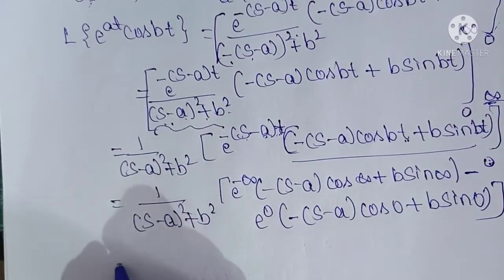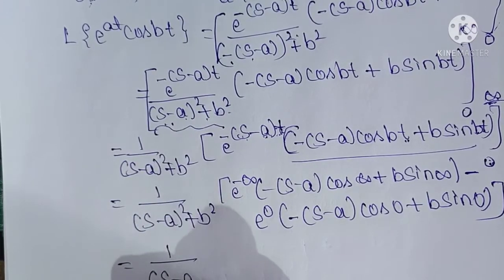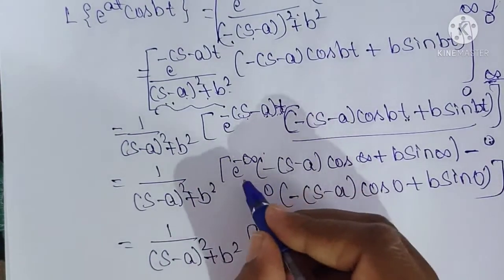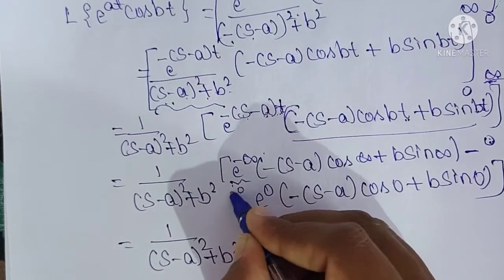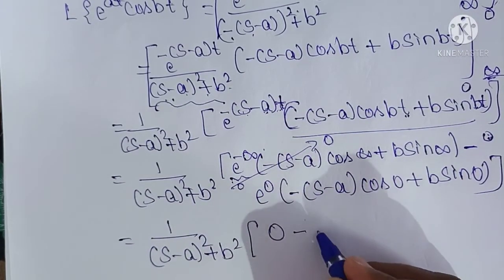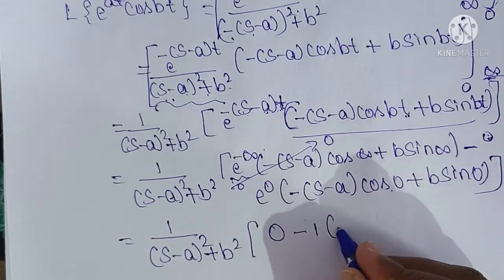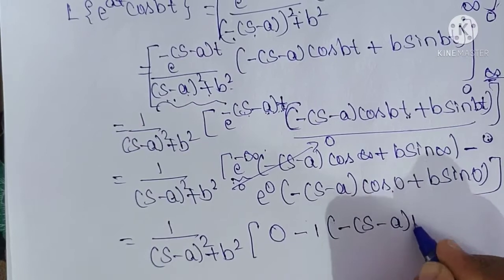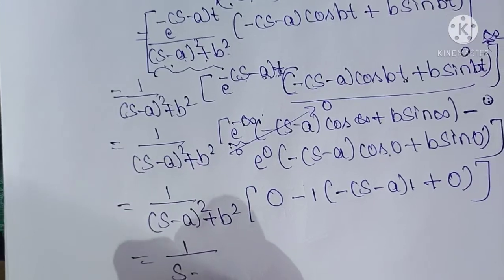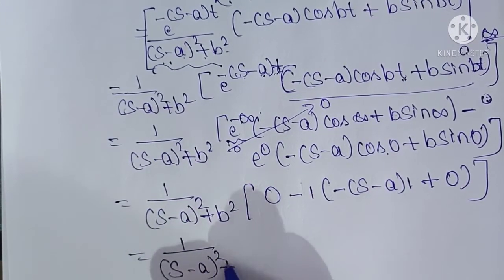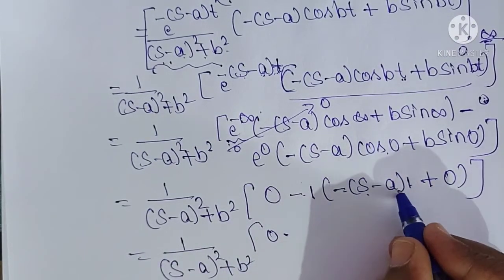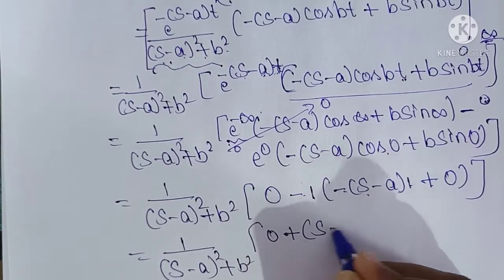Now simplification. 1 divided by (s minus a) whole square plus b square as it is. E power minus infinity value is 0. This value is 0. 0 into this entire term value is 0. 0 minus, e power 0 value is 1, cos 0 value is 1, minus (s minus a) into 1, sin 0 value is 0. 1 divided by (s minus a) whole square plus b square, 0 minus into minus plus 1 into (s minus a) is s minus a.